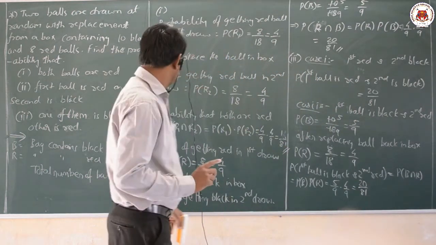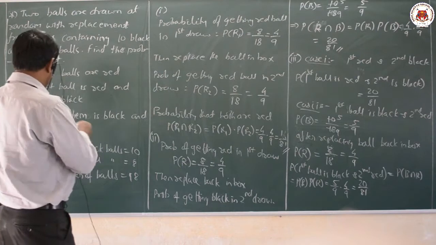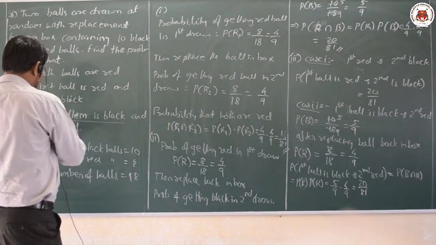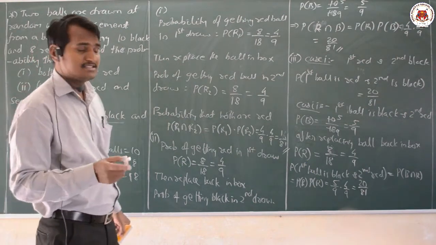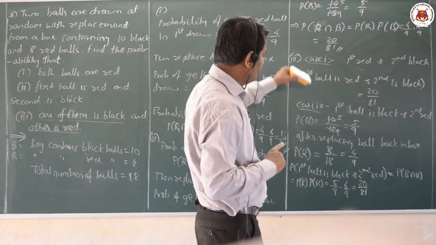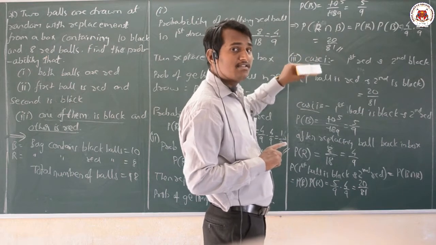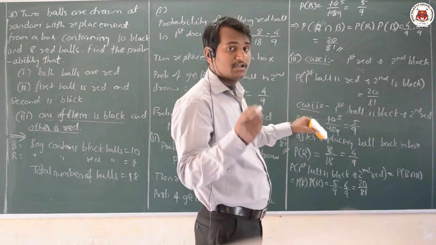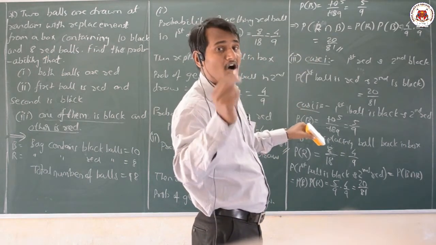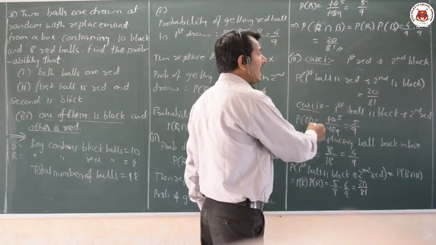But the thing is, I require any one of these. One of them is black and another is red. That means I don't know which one. Either one case or the second case, I am very much particular about it. That is or. Or means what it is? We have to add these two.